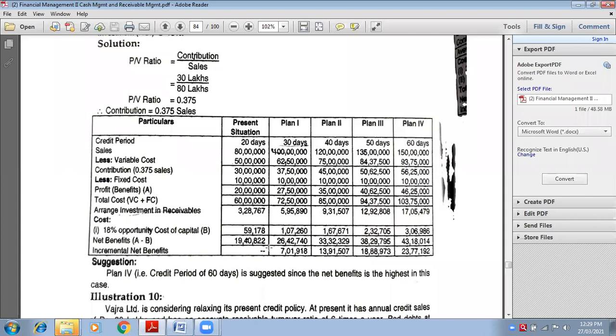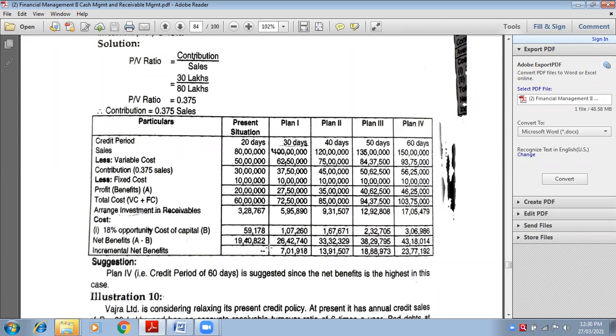What is incremental net benefit? Ma'am, for plan 3, it is 18,88,973. Very good. 18 lakhs 88,973 exactly matches with what is given here in the table.